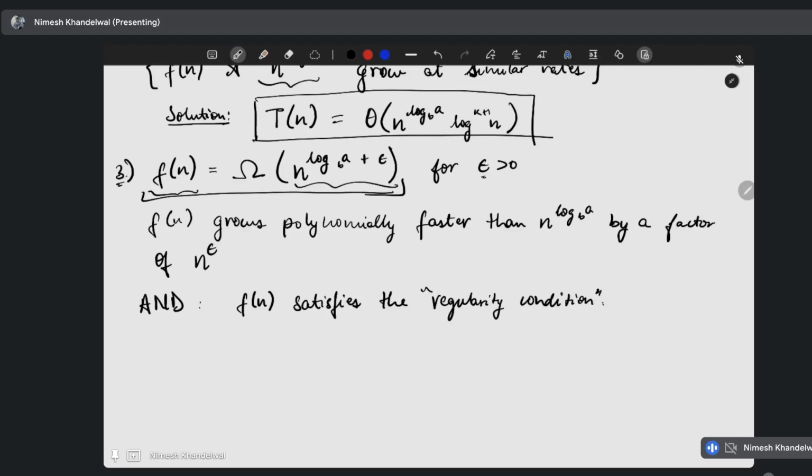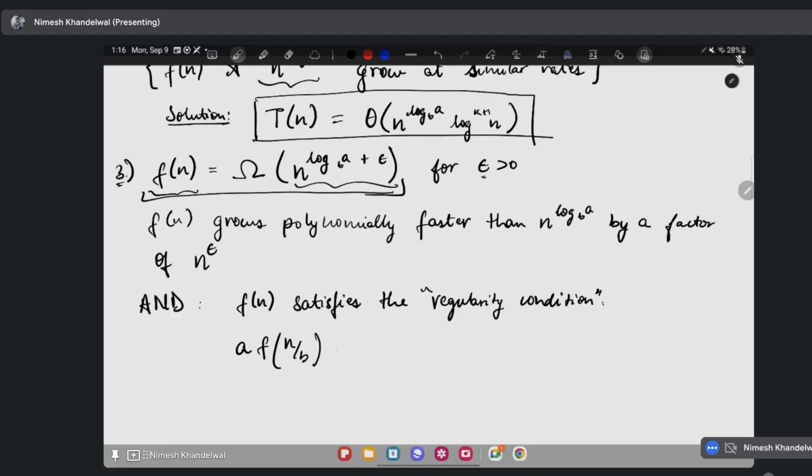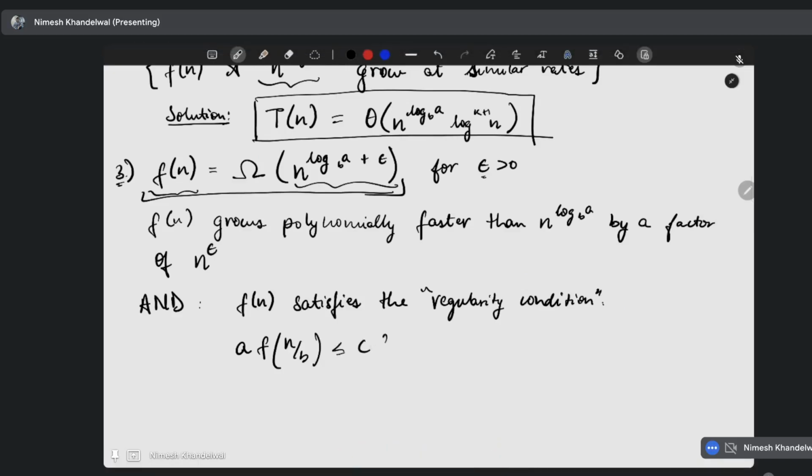So what is the regularity condition? That a times f of n over b is less than or equal to c times f of n for some constant c less than 1.